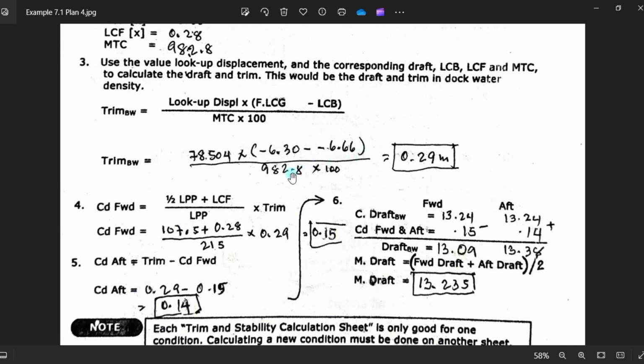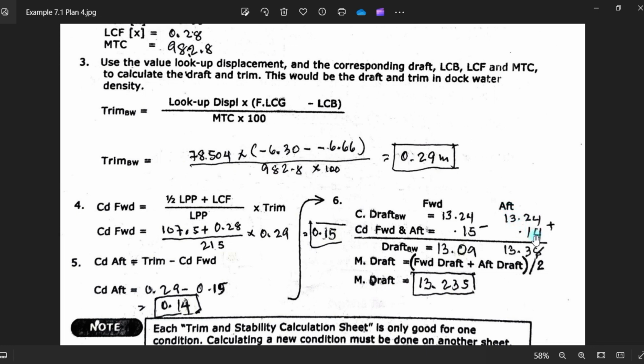Remember guys, when LCG is behind LCB, meaning you are trimmed by the stern, forward will rise up, so you deduct 0.15 from 13.24, because your forward will rise and your aft will sink.